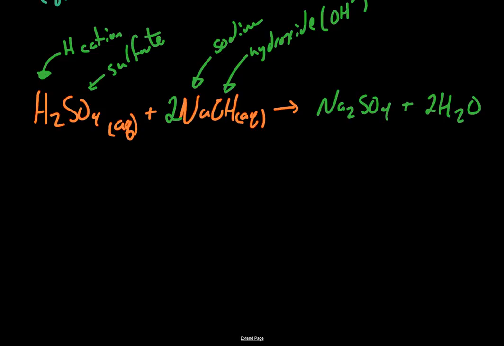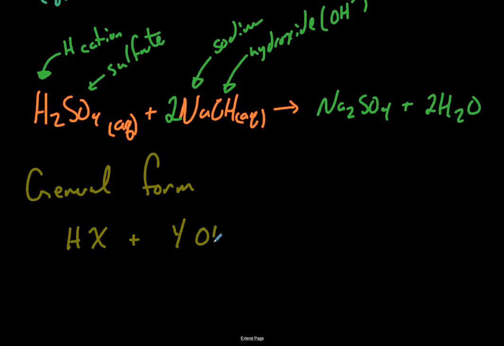So let's just go general. The general form of an acid-base reaction is just this. HX, so that's H representing the H ion, and then X is attached to something: sulfate, acetate, fluoride, chloride, etc. Plus YOH, right?